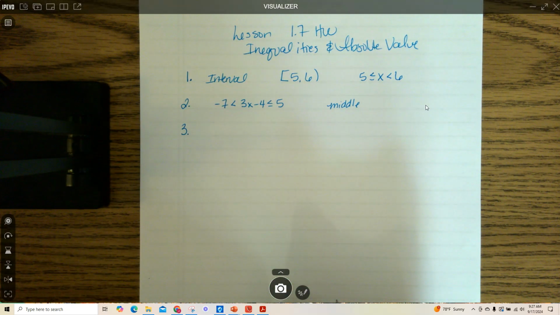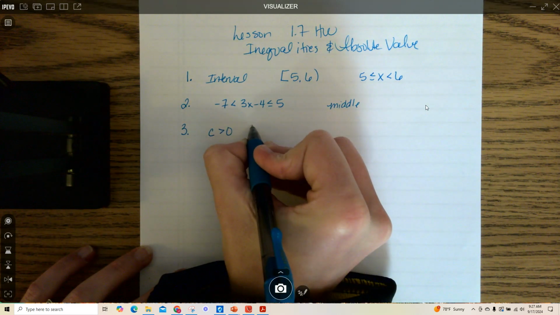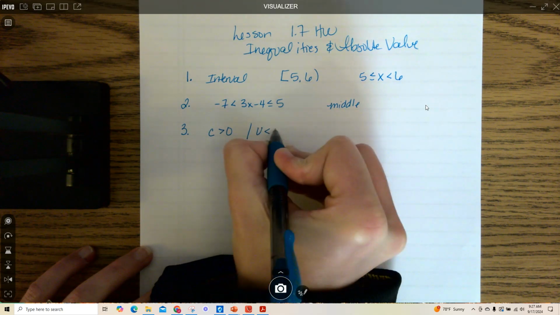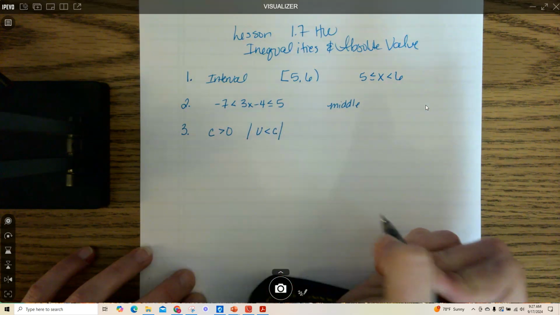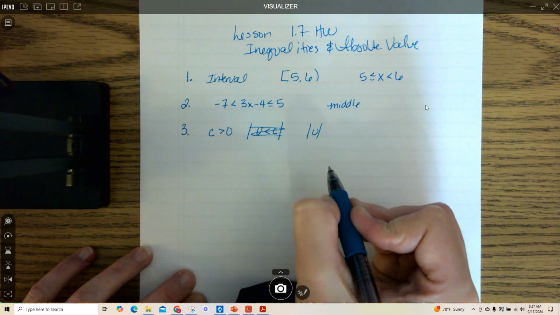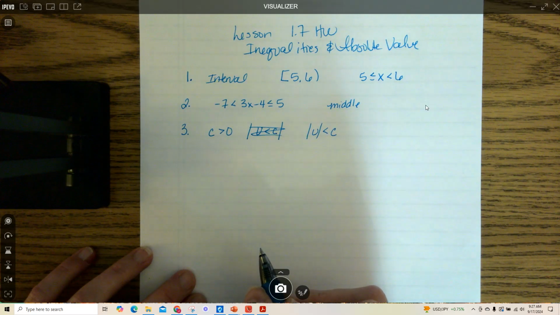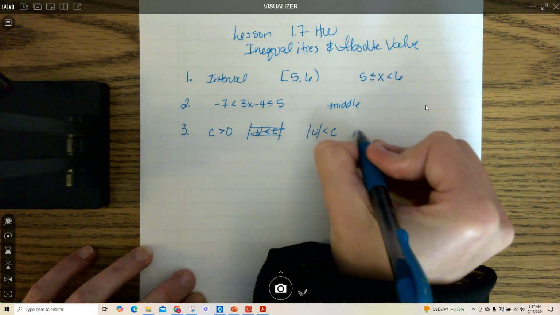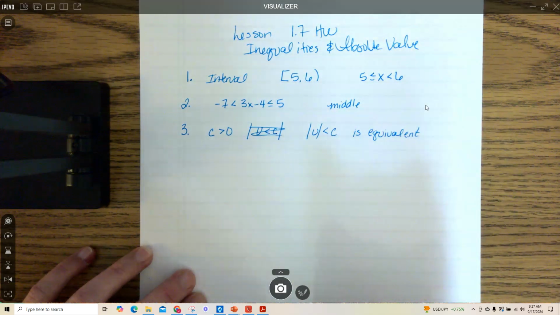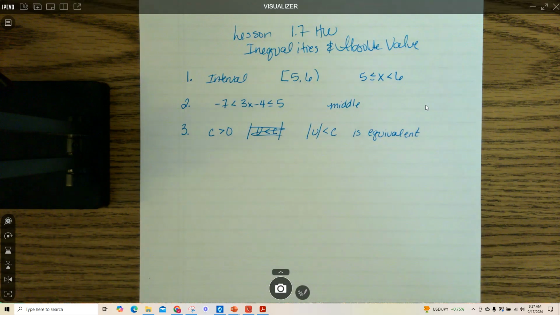Number 3. If c is greater than 0, then the absolute value of u less than c is equivalent to blank. The options say u is less than negative c or u greater than c; u equals negative c or u equals c; and negative c is less than u is less than c.